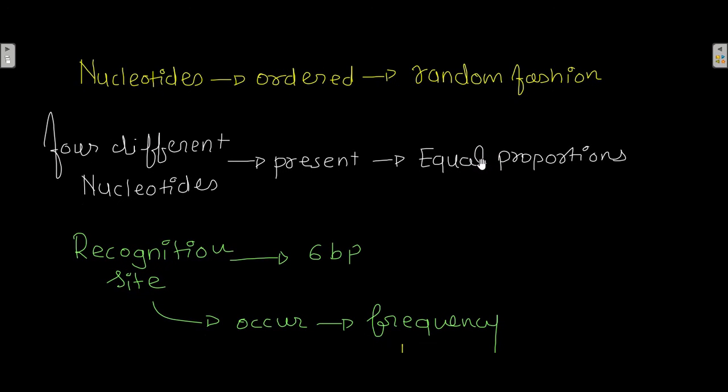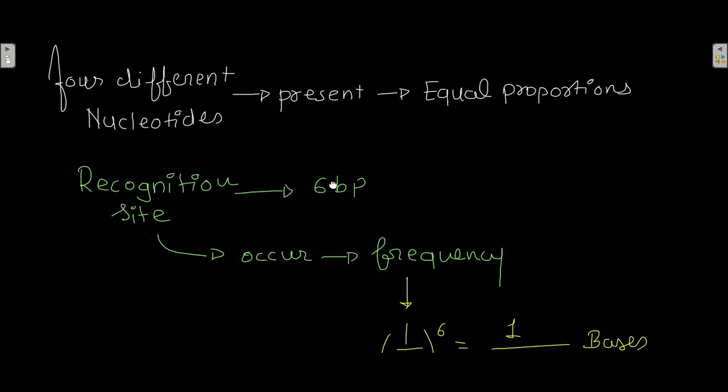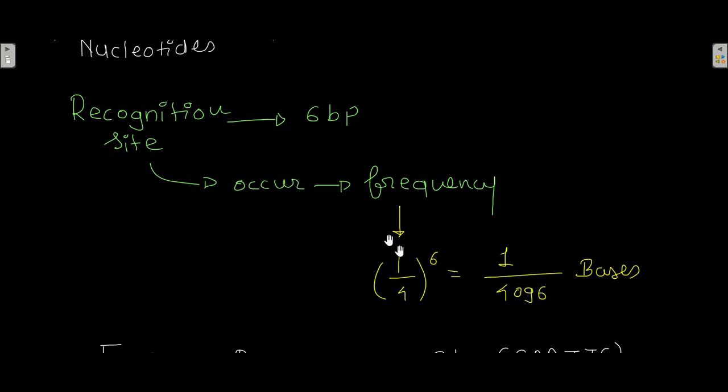Then a recognition site of 6 base pairs will occur at a frequency of 1/4^6, which is 1 in 4096 bases.